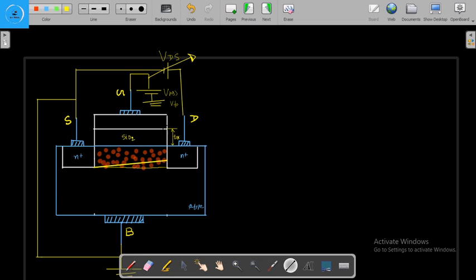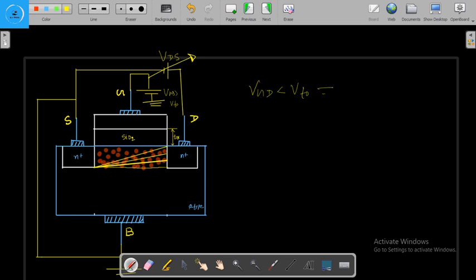Because here the voltage between gate and drain is VGD, and here it is VGS, and the VGD is nothing but the VGS minus VDS. So as the VDS increases, the VGD decreases, and due to that the depth of the channel is decreasing at the drain end. And when the VGD is less than or equal to VT naught, then pinch off occurs at the drain end, right?